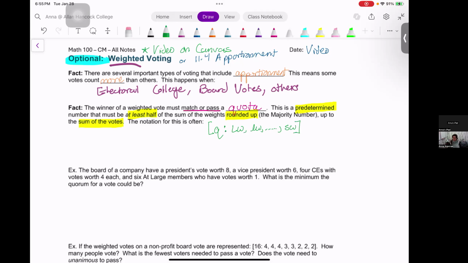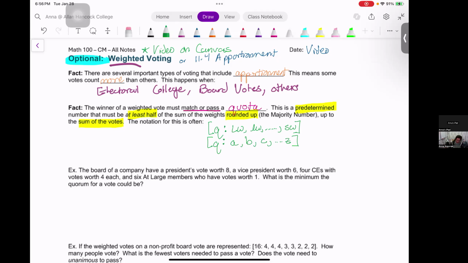Now I'm going to rewrite this with some variables. I'm going to say our quota number goes first, and again, there's some rules on that. And we have our largest weight, our next largest weight, all the way down, however far we need to go till our smallest weight. I'm going to go Z. Okay. Now, there doesn't need to be 26 of the votes. There just happen to be some letters in the alphabet. We're going to pretend that Q is up front for the quota.